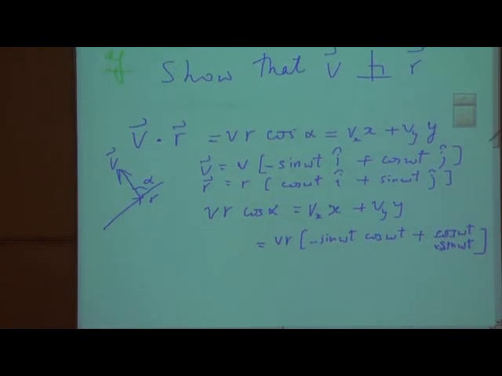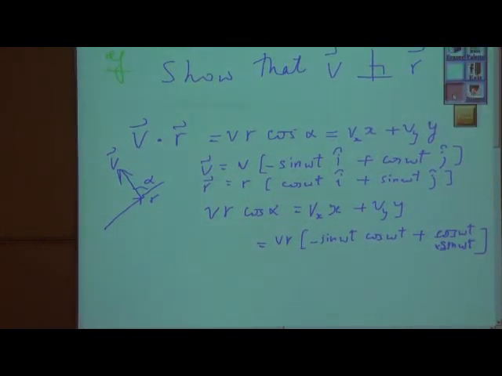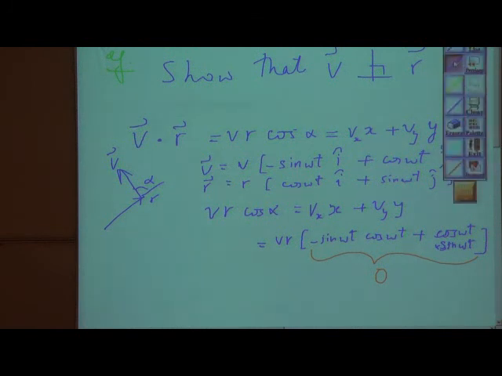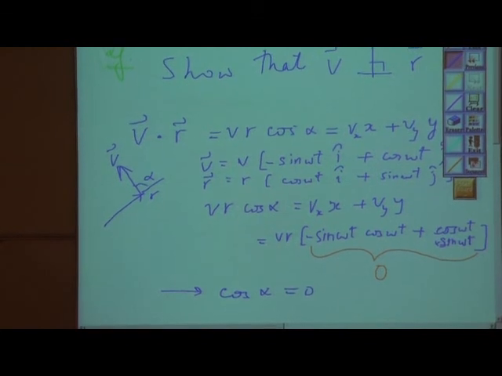So this stuff here is 0. Well, that means cos alpha is 0. The angle between them is the angle whose cosine is 0.